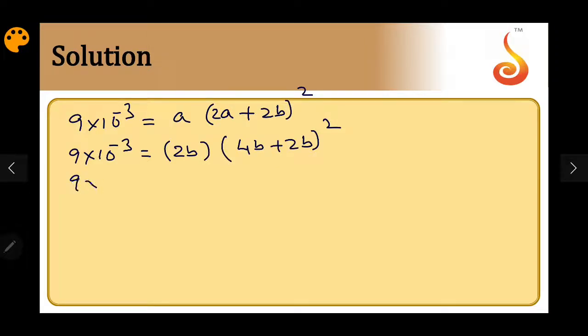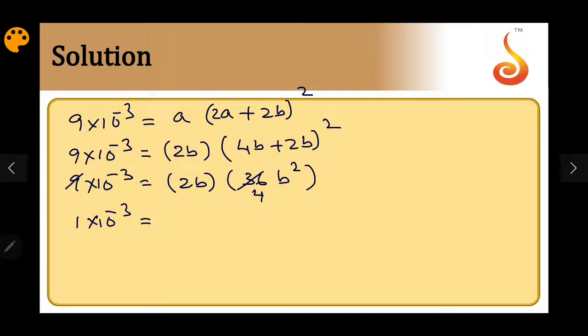So 9 into 10 power minus 3 is equal to 2B into 6B square, which is 36B square. If you simplify 9 and 4 times, I can cancel this. So this is 1 into 10 power minus 3 is equal to 8 into B cube.